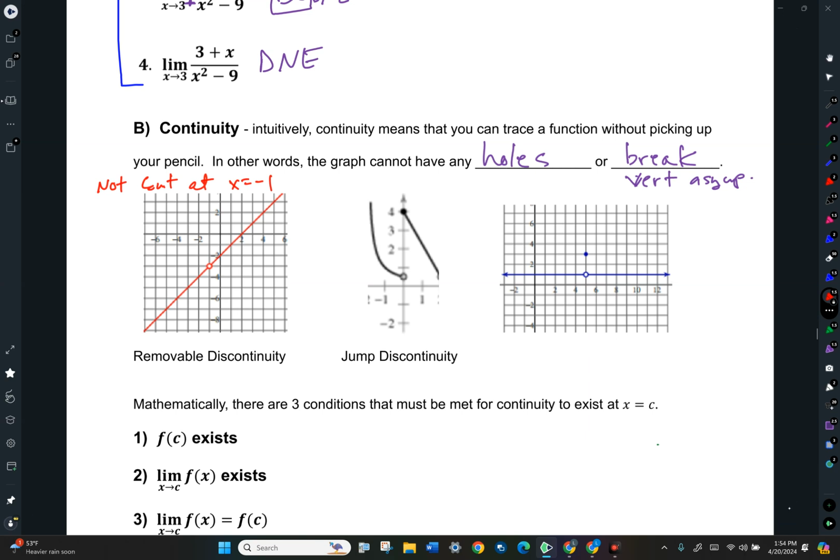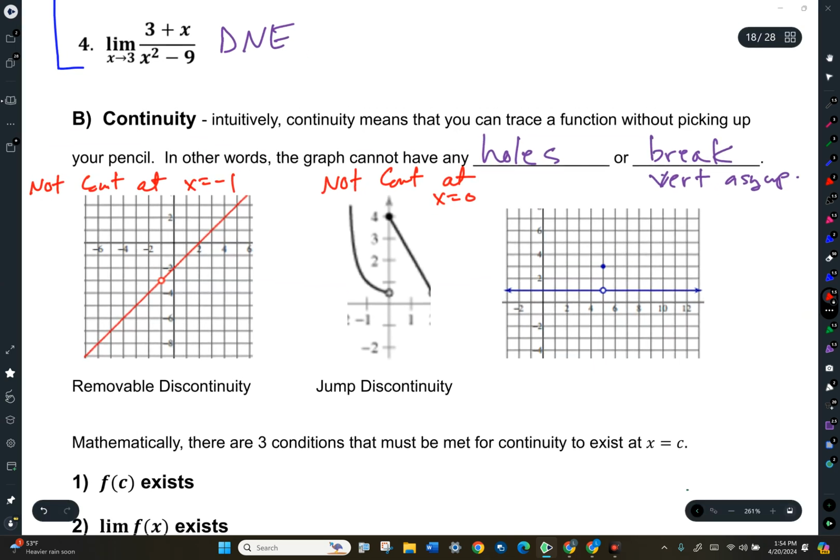I can say, hey, because there's a break in the graph at 0, this one is not continuous at x equals 0. And the last one, similar to the first one, I can say, hey, there's a hole. Even though there's the point up above, that's okay. There's still a hole in this graph at x equals 5. So I'm going to say this one is not continuous at x equals 5.